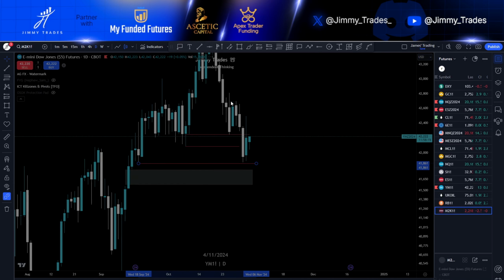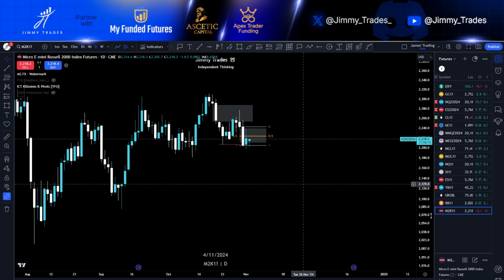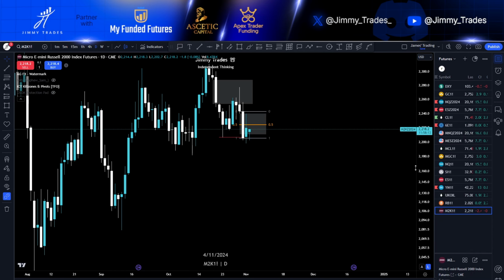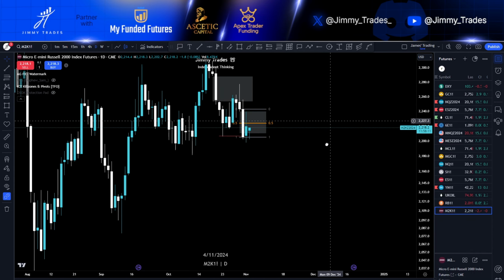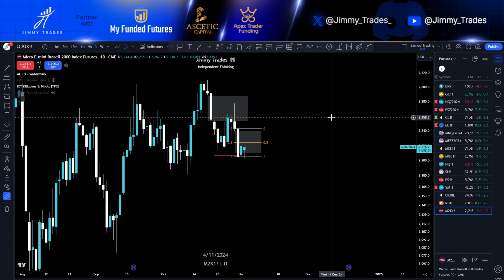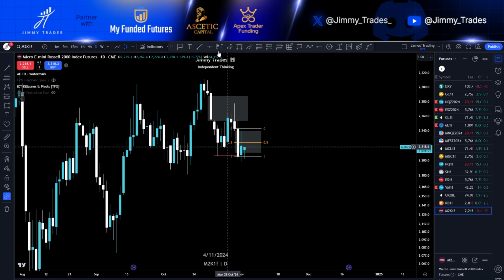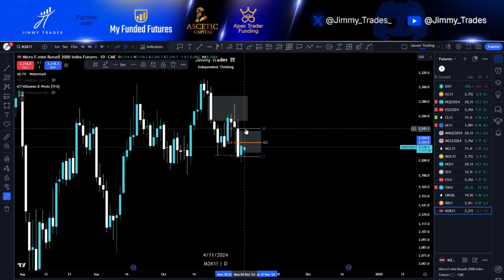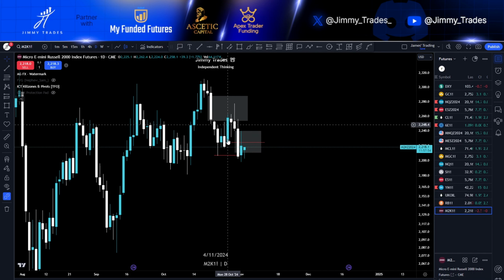Moving over to the Russell. And price reacted off of this bearish order block.